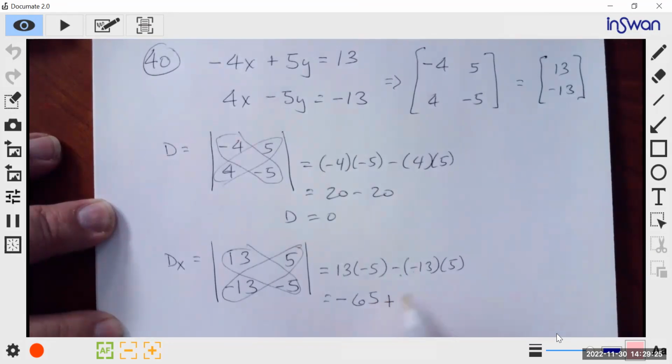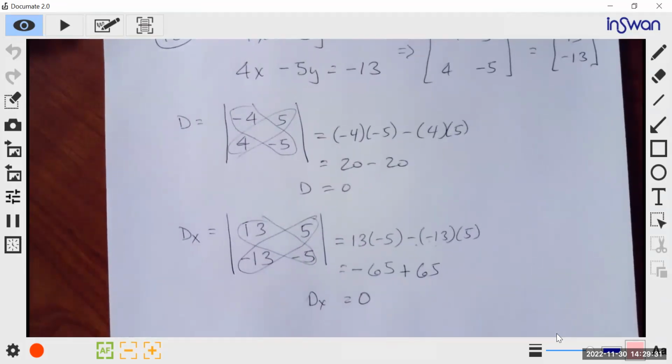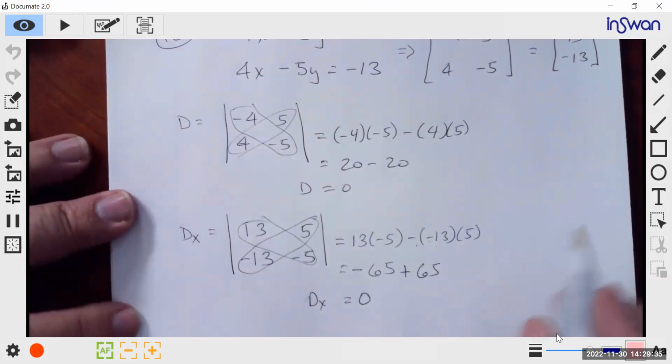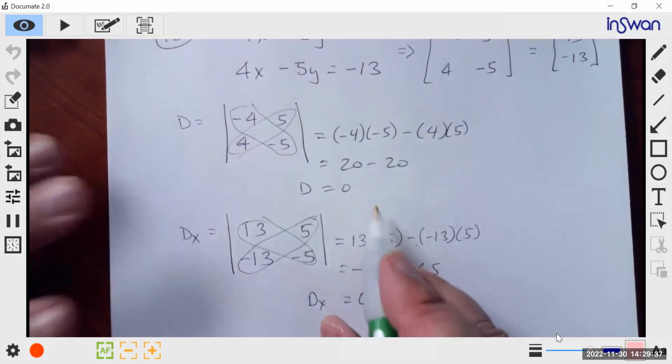Negative is a positive, 65. So that means 0 over 0.